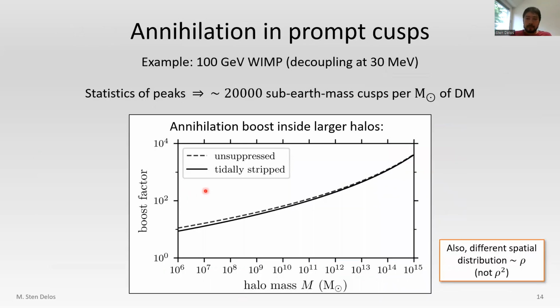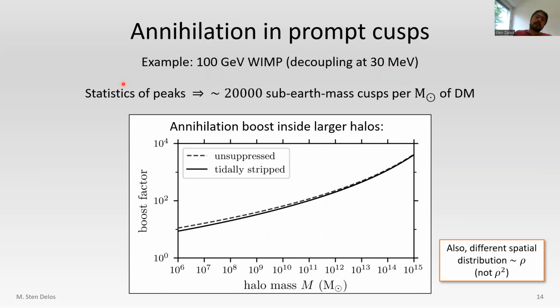So how much do prompt cusps boost the annihilation rate? Well, let's consider an example model. Let's think about a 100 GeV weakly interacting massive particle that kinetically decouples at 30 MeV. The result is only logarithmically sensitive to these choices, by the way.